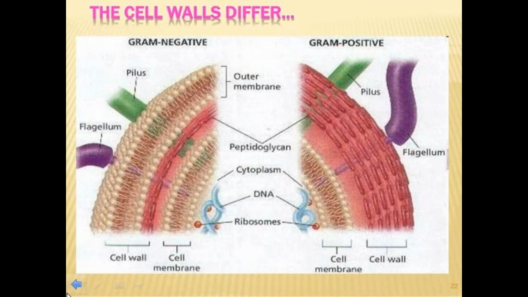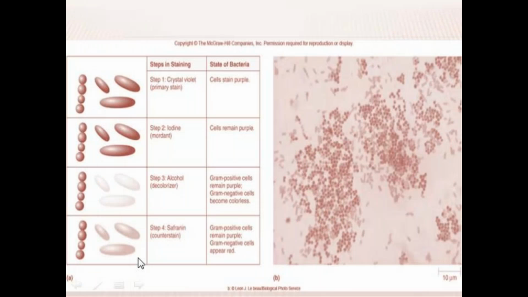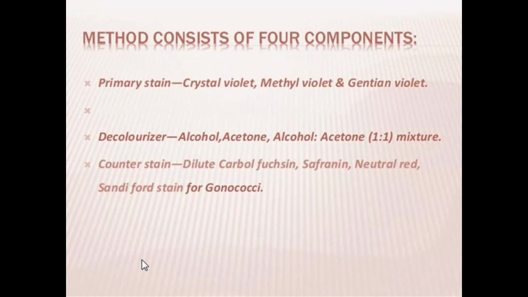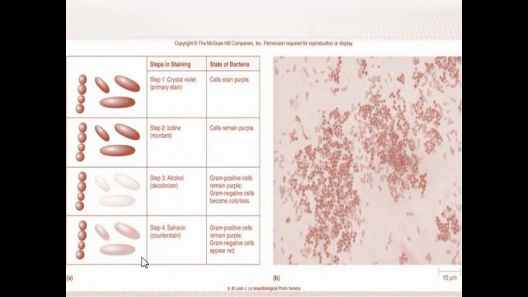Based on this, gram staining is mainly used for the differentiation of gram positive and gram negative. What are the steps involved in the staining? First, it should be stained with the primary stain, that is the crystal violet stain. As usual, the process is similar to that of simple stain.